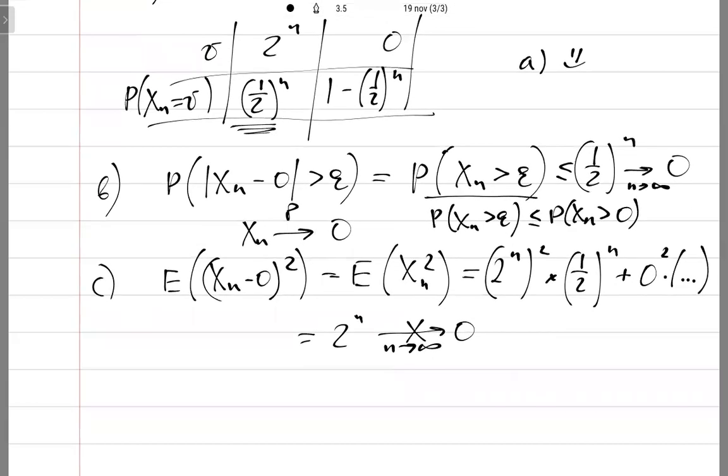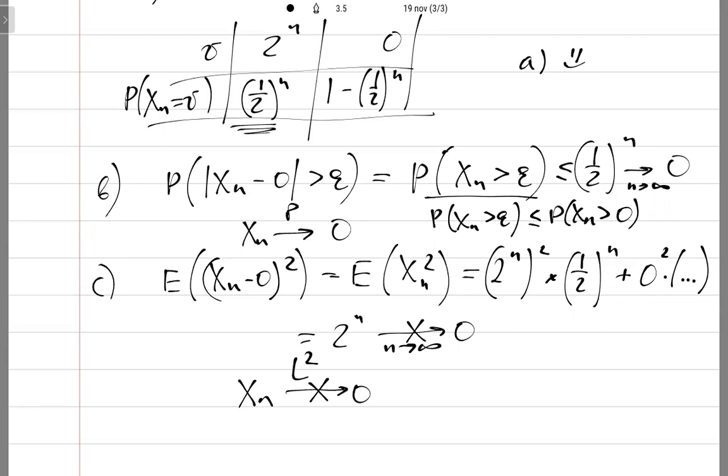So my conclusion is that xn does not converge to 0 in the L2 sense. My main point with this example is there are different modes of convergence, and the same sequence may converge in one sense, in probability, and not converge in another sense. Okay, the example is clear.